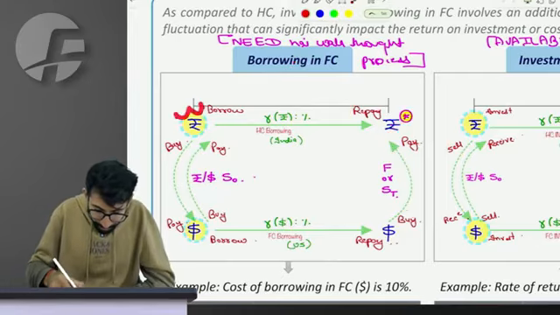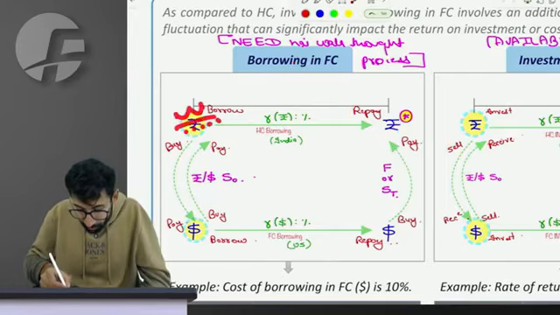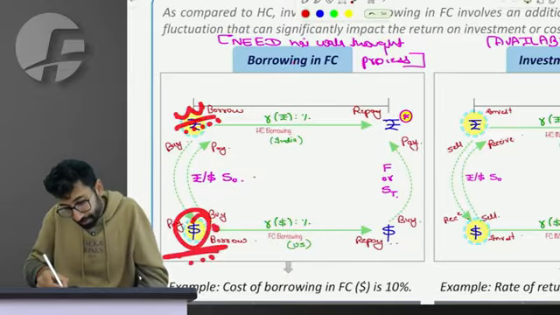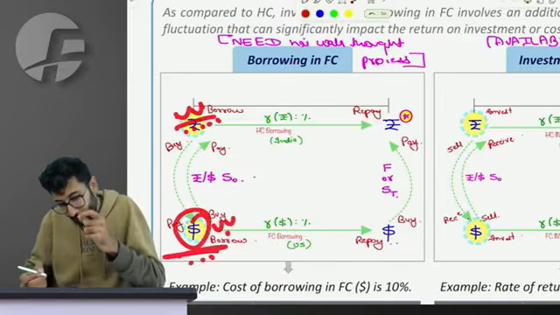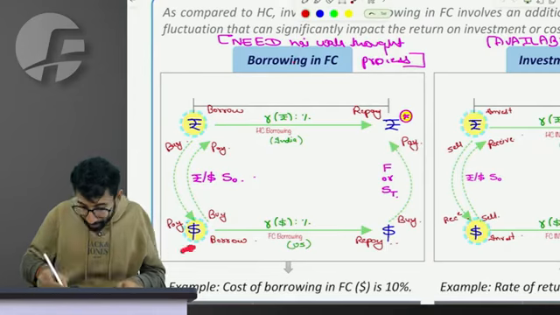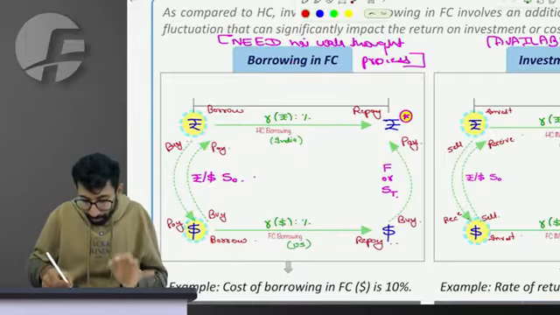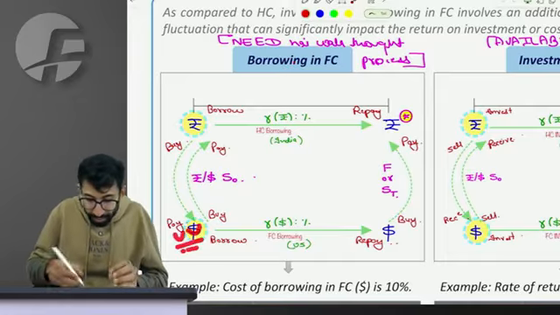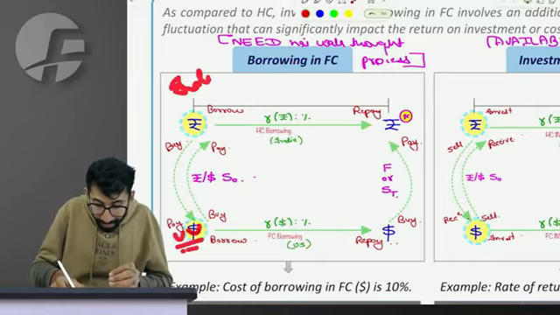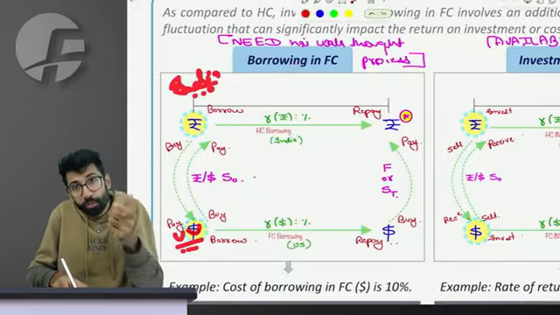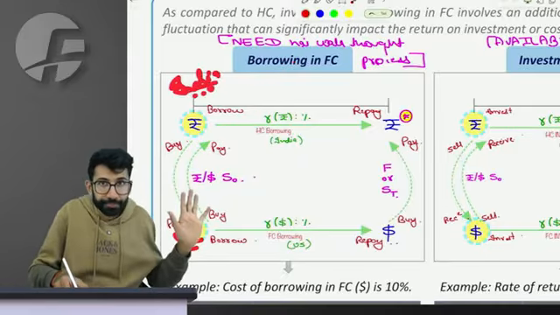Sir, which means the starting point generally will be this. Can this also be the starting point? Yes. Let me prepare you even for this scenario. This time imagine that you need dollar. So option one, starting point of the question is this: even if I'm an Indian company, I need some dollars to do business.